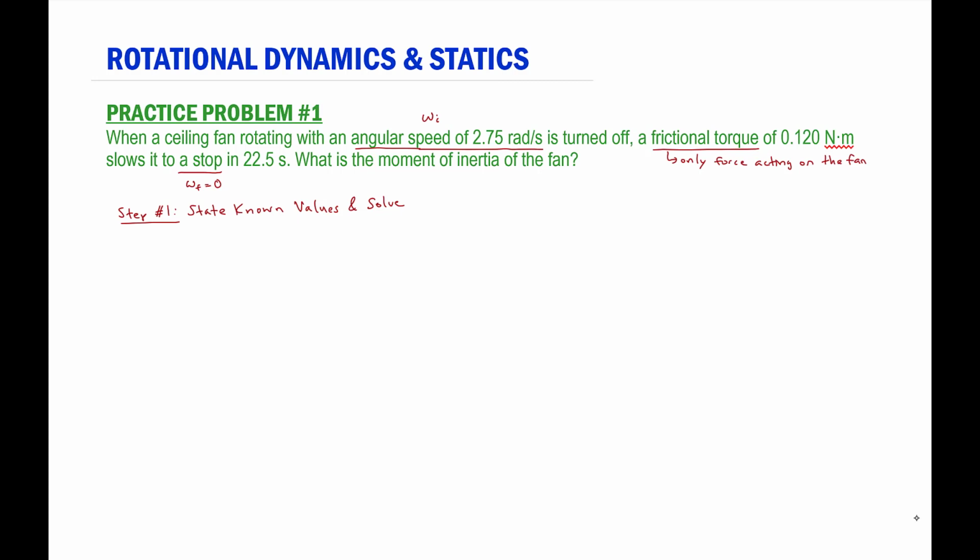So we know we need to use this equation. Net torque is equal to moment of inertia times alpha, and we want to solve for I. So we want to solve for I, which means we would need a value for the net torque divided by angular acceleration. So we need to find values for these two.